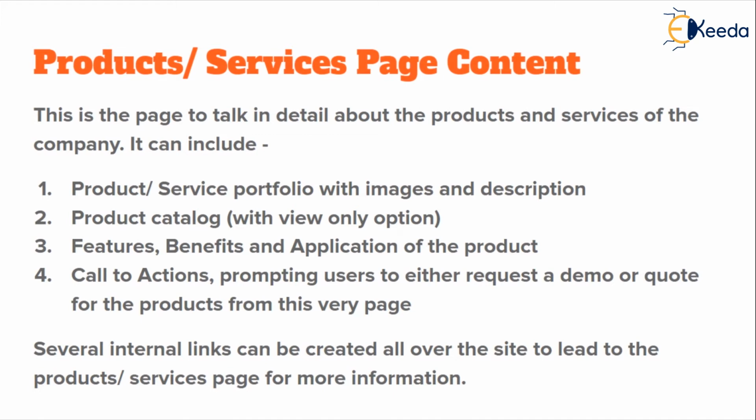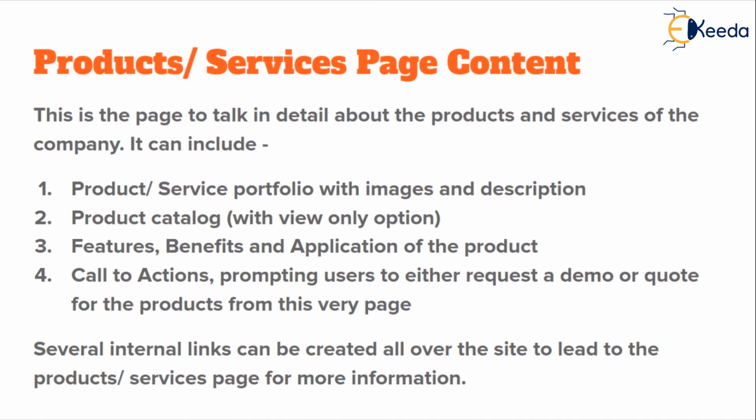Then you have your product catalog with a view only option, which can be part of the product service page. This is if you have a limited inventory or limited mix of products, and you don't intend to sell those products through the website.